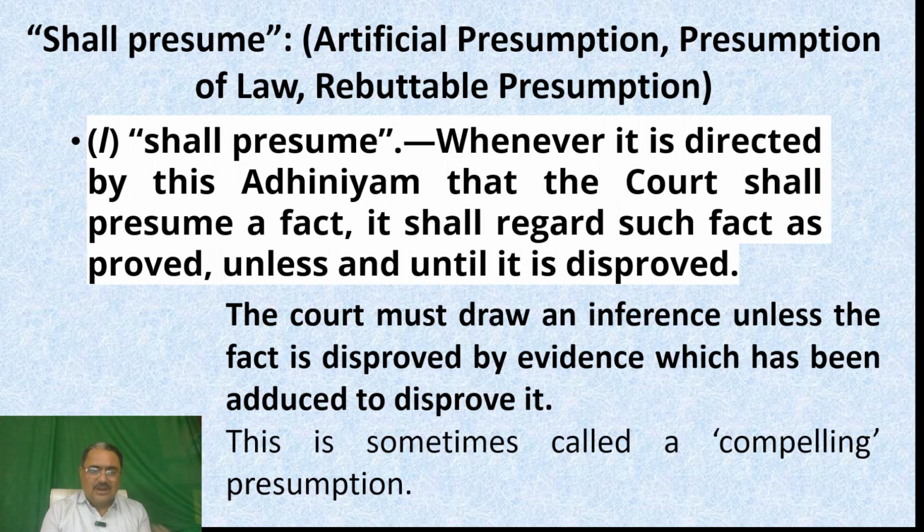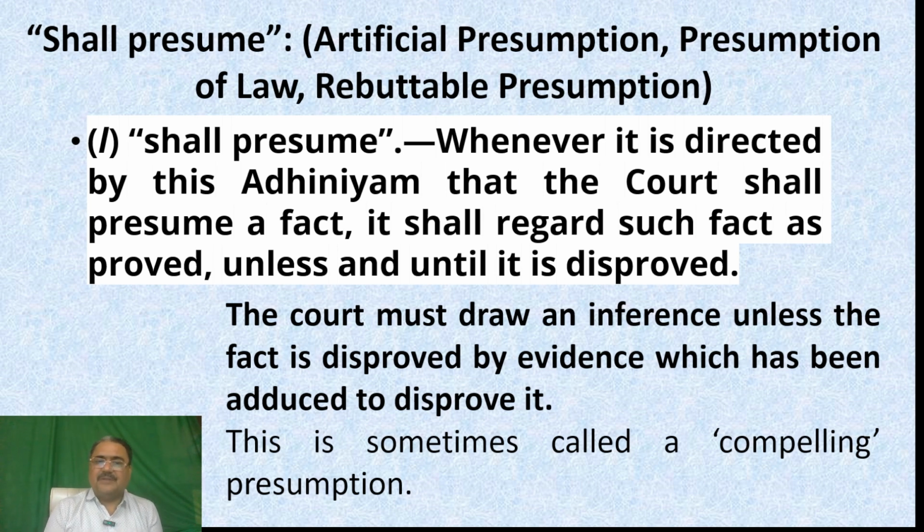When any law or statute uses the words "court shall presume," that means the direction to the court is that if those basic facts are proved, from those basic facts the court has no other option but to regard such fact as proved, subject to unless and until it is disproved.